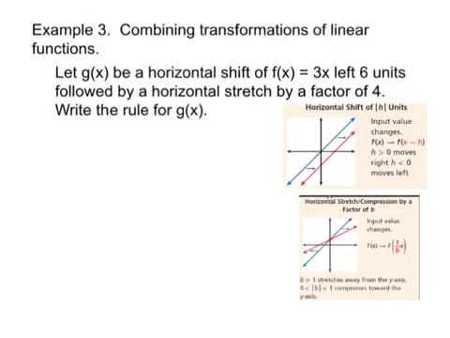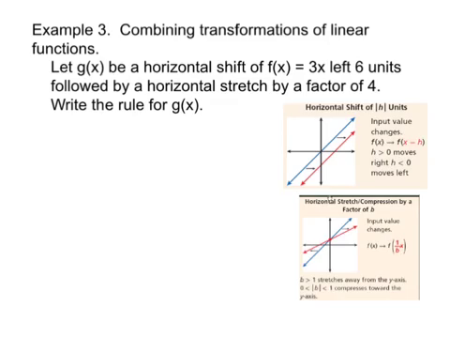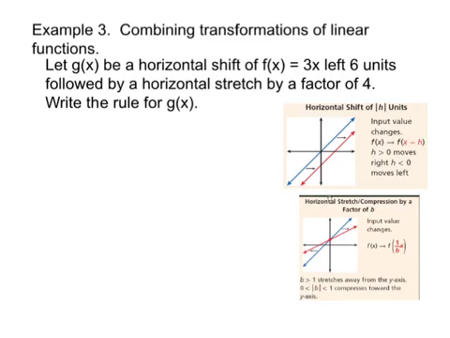All right, let's try one. Let g of x be a horizontal shift of f of x equals 3x left 6 units, followed by a horizontal stretch by a factor of 4. Okay, I've got both rules written here. Horizontal shift and horizontal stretch.